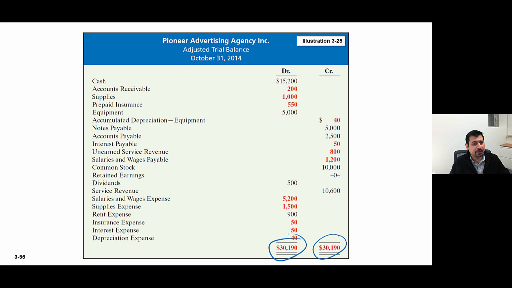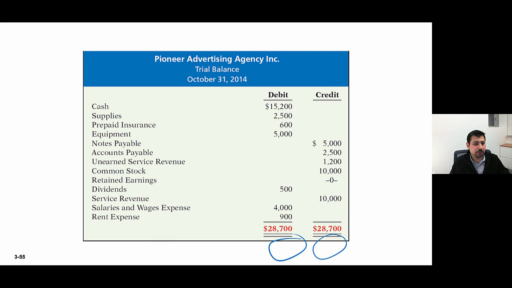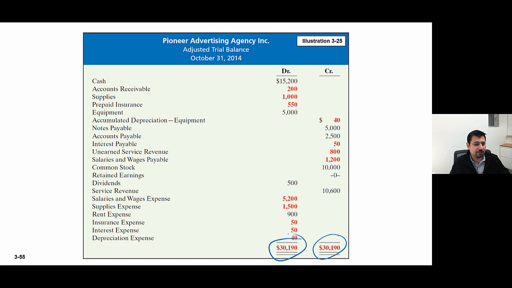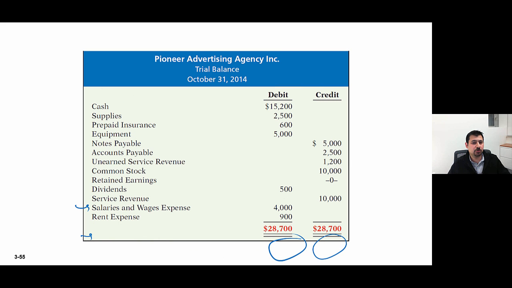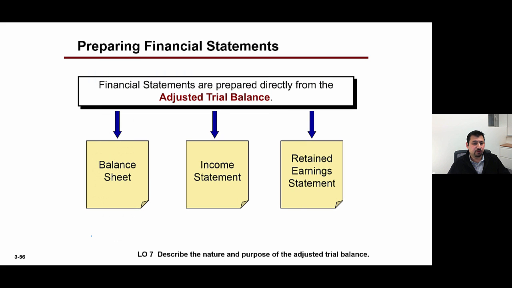We didn't have supplies expense, and now we have supplies expense, for example, and depreciation expense, etc. Those were not on the original trial balance. And like we said, this information is used in order to prepare the financial statements, mostly the income statement, the retained earnings, and the balance sheet.